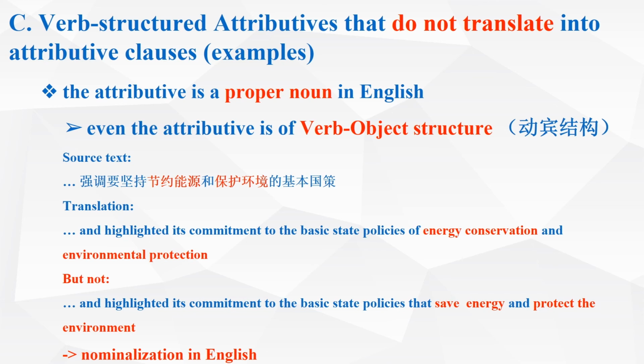They are translated into policies of energy conservation and environmental protection instead of policies that save energy and protect the environment, as they both exist as commonly used proper nouns in English. This is because of nominalization in English, meaning that English tends to prefer nouns instead of verbs. More examples with different Chinese attributive structures translated into English attributive clauses will be discussed in the essay.